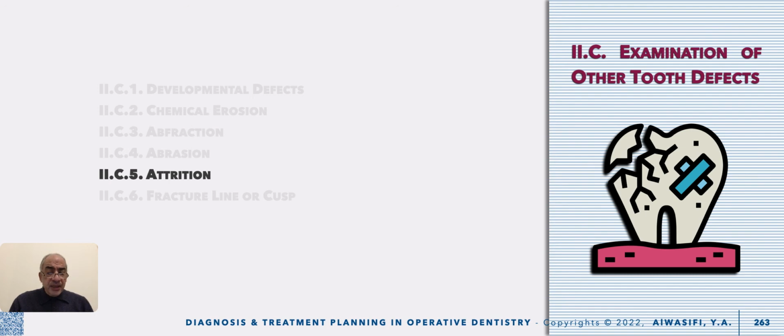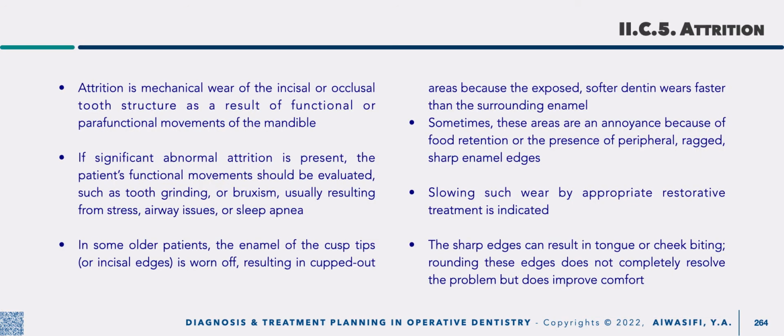Then comes attrition. Attrition is considered a mechanical wear due to function. It's a functional loss of tooth structure, maybe accelerated by some parafunctional habits, but it is mainly related to old ages rather than young ages, because it is considered a functional, physiological one with a little bit of parafunctional movement of the mandible.